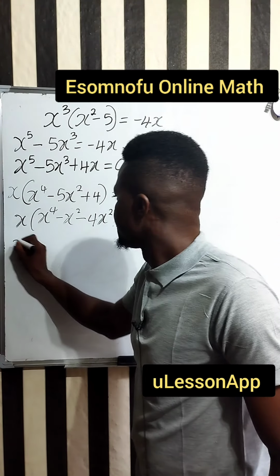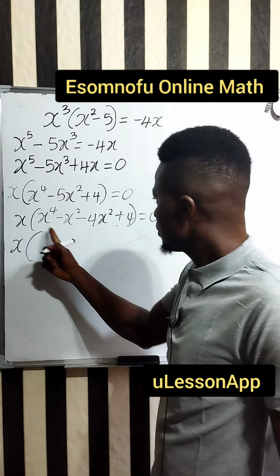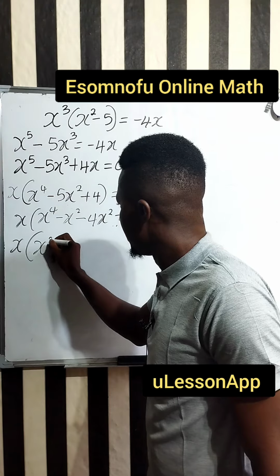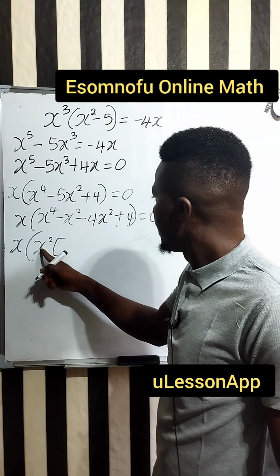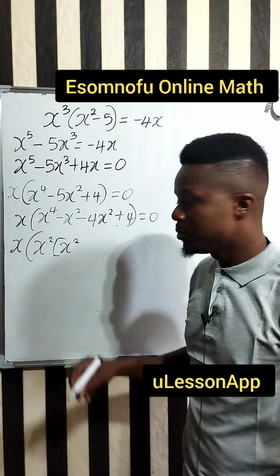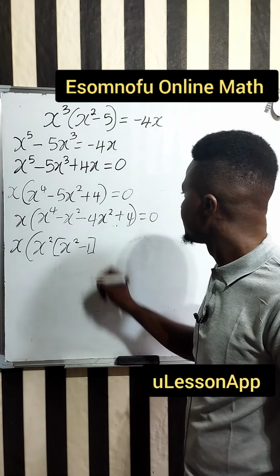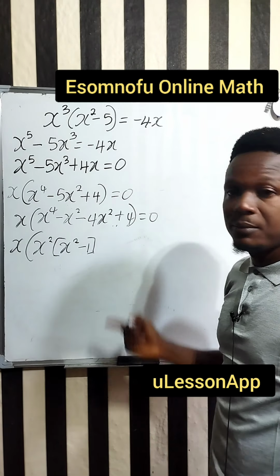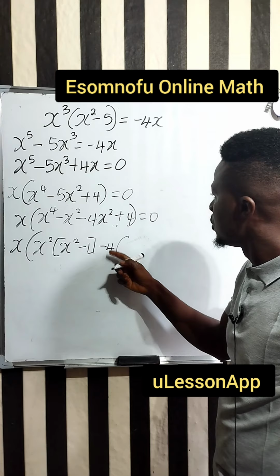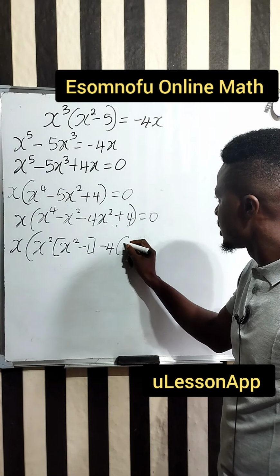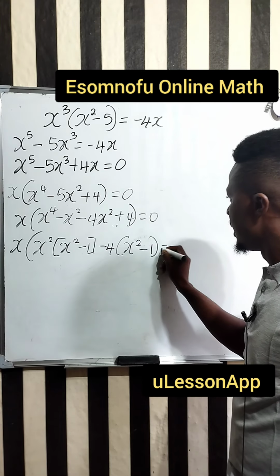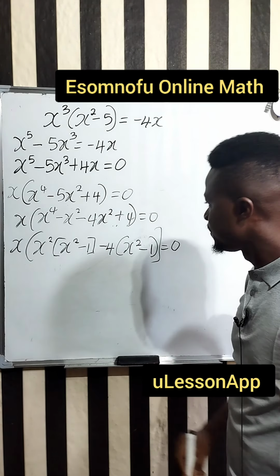I will now have x into, considering these two terms, x squared is common, so you can write x squared into this divided by this is still x squared, and minus x squared divided by x squared will give us minus 1. Then the last two terms, 4 is a common factor there, so you have minus 4 into this divided by this is just x squared, and 4 divided by minus 4 is minus 1, everything equal to 0.